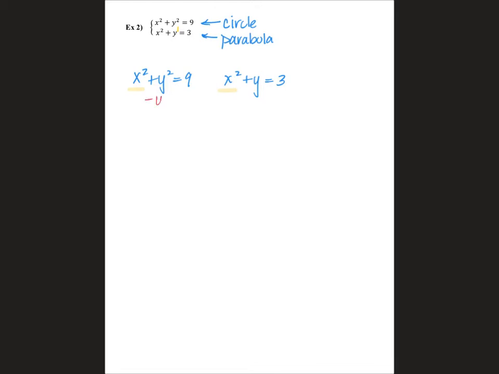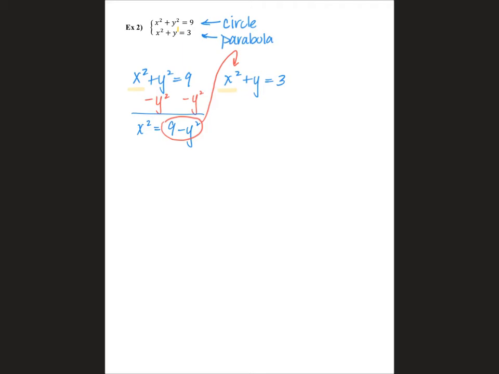So in order to do that, I'm going to subtract my y squared from both sides. That's going to leave me with x squared equals 9 minus y squared. Now I'm going to take this binomial, the 9 minus y squared, and I'm going to substitute it into my second equation for x squared.